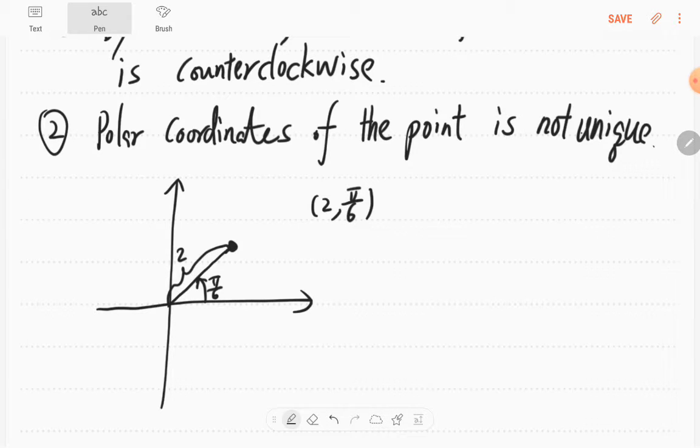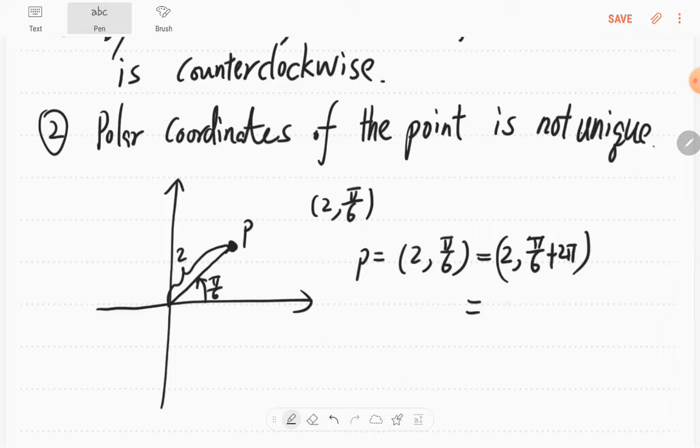However, we know that if we add 2 pi to this angle, we get coterminal angles, and the coterminal angle also gives you the same point P. This point P can be written as 2 and pi over 6, or 2 and pi over 6 plus 2 pi, or 2 and pi over 6 minus 2 pi, and so on.